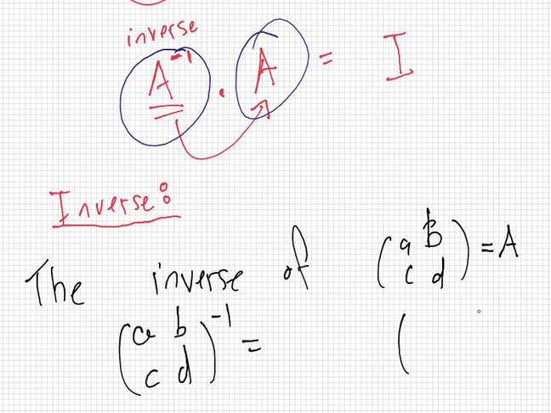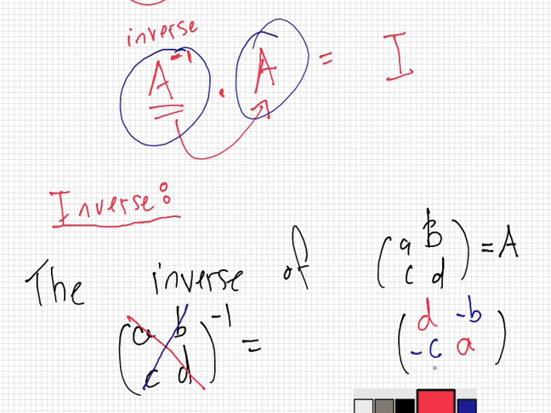What you do is swap these numbers, D, A, and then you minus these numbers, minus B, minus C. And also, you multiply by 1 over the determinant of A. Don't worry, I'll do an example now.